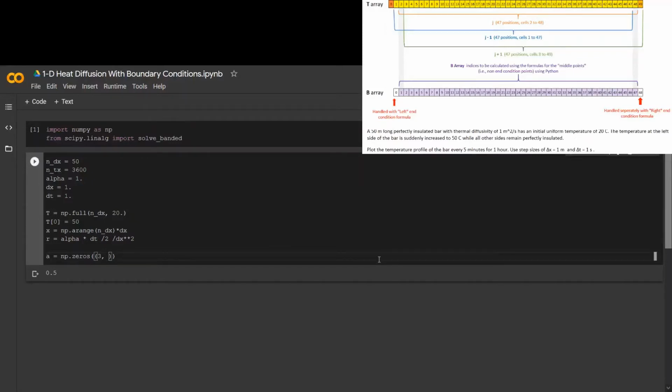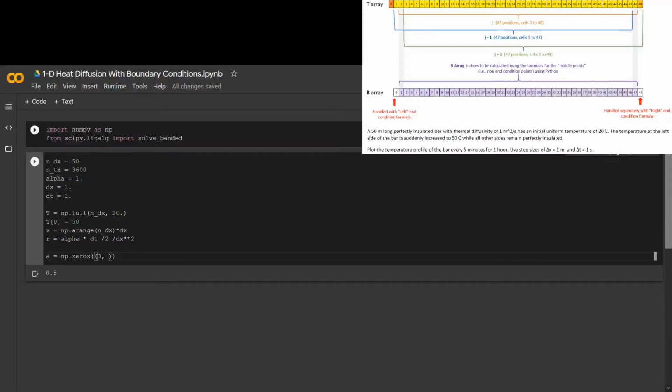right, because we want this to be correlated. This A is the coefficients that are being multiplied by our x array, which is unknown, right? So if we look at our temperature array, the only thing we do know for certain is that 0 index, that's always going to be 50 degrees.